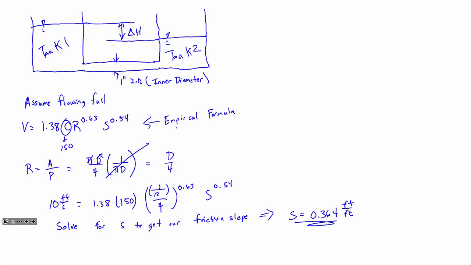Okay? So our delta H then is going to be equal to 500 feet times our slope, 0.364 feet per foot, which equals 182 feet. So it's a lot of head loss in our system.